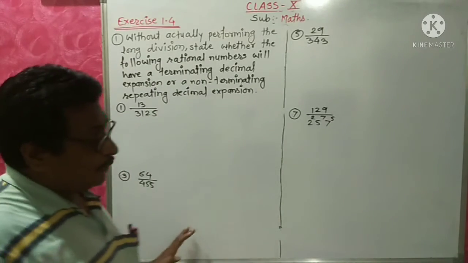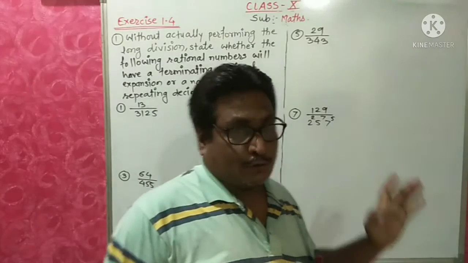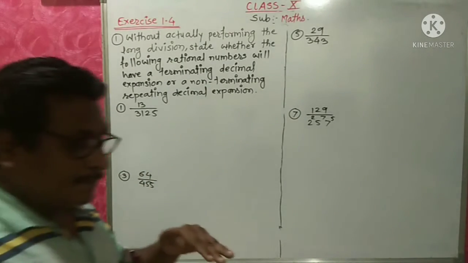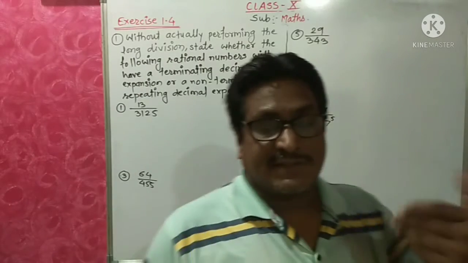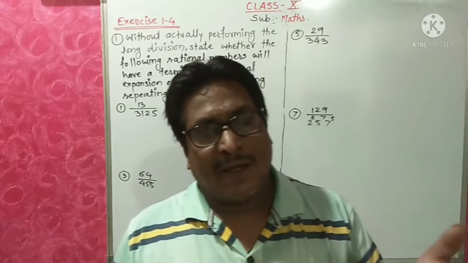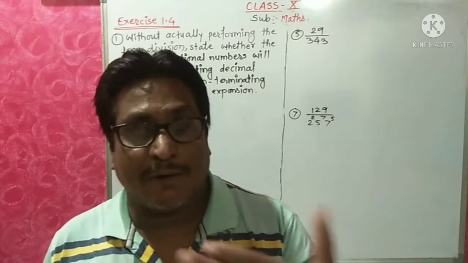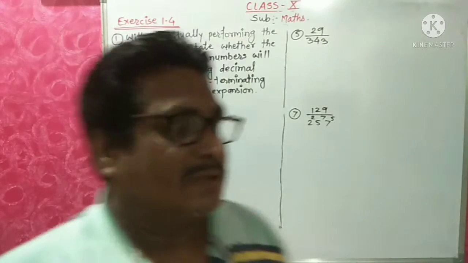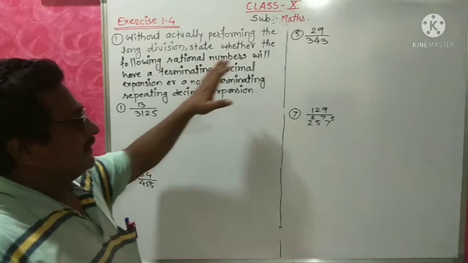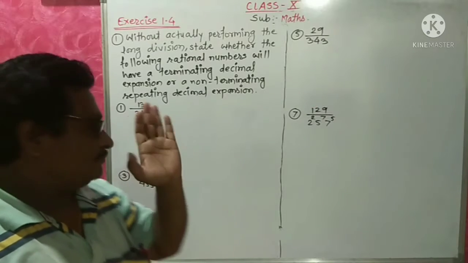From the 2 points we studied, the first point: if Q is in the form 2 raised to the power n into 5 raised to the power m, then the rational number has a terminating decimal expansion.